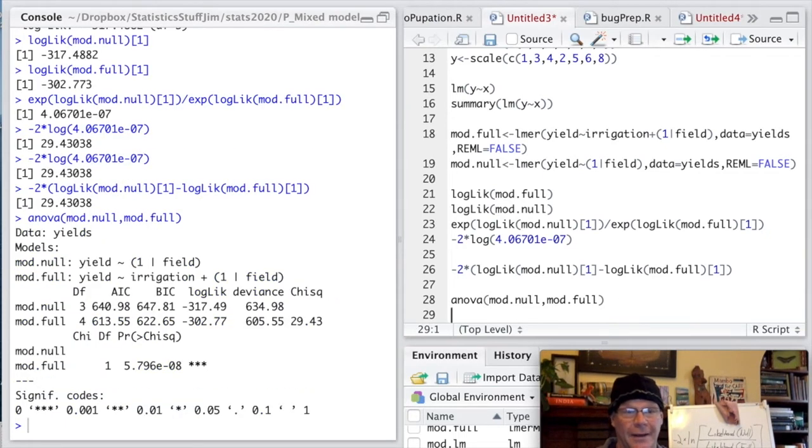So I go ahead and do that, and right here is the chi-squared statistic that we generated up here. It's the same number that R is giving us here. That's good. That means that we're doing the arithmetic correctly.